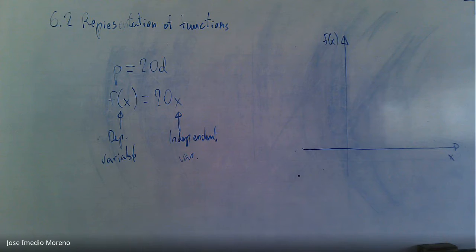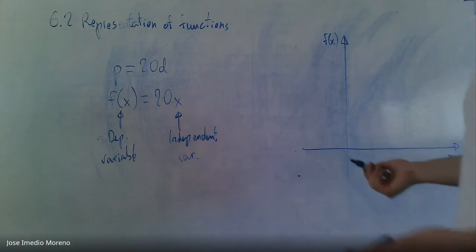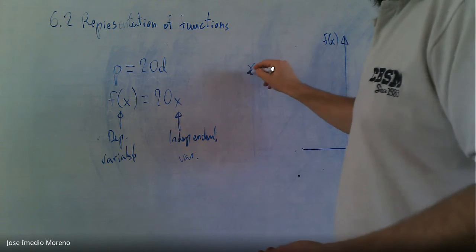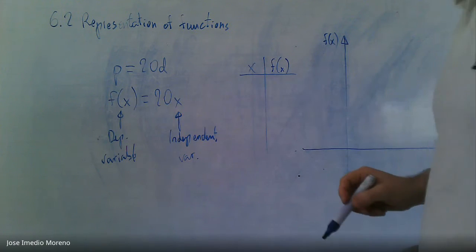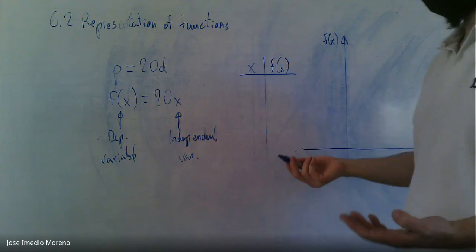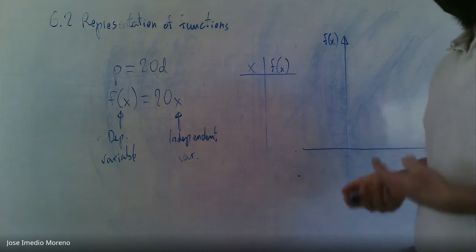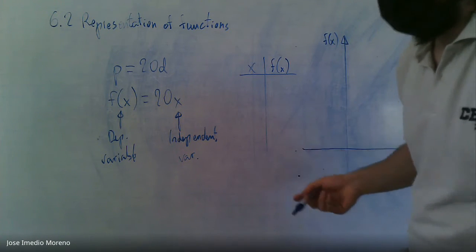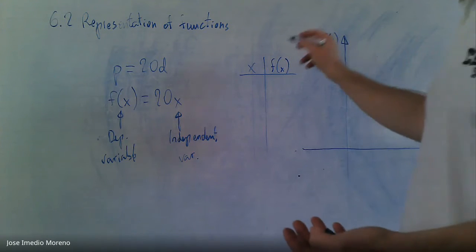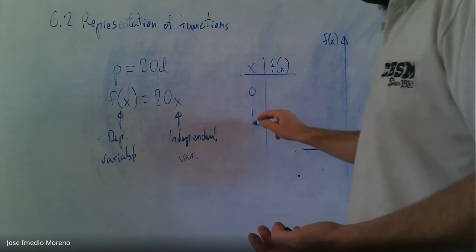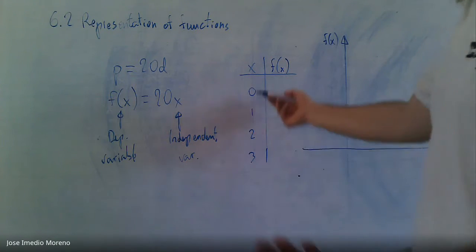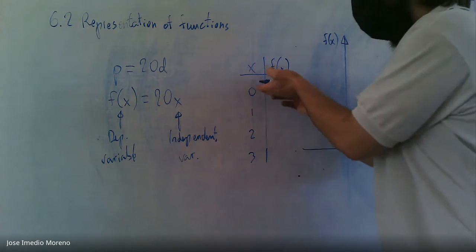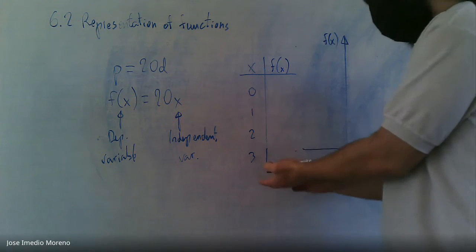Okay, so here, let's make a table of values, x and f of x. And we're going to give values to the x. Which values? The values we want. Usually we take, for instance, 0, 1, 2, 3, because those are easy values. I could choose any value here, but I'm going to take those.